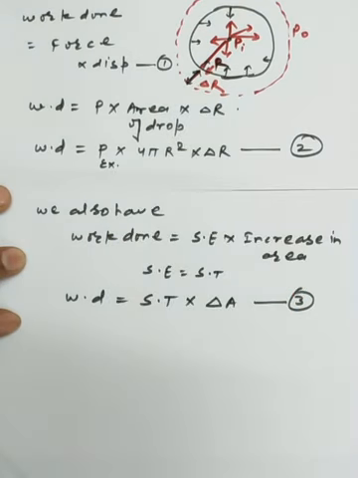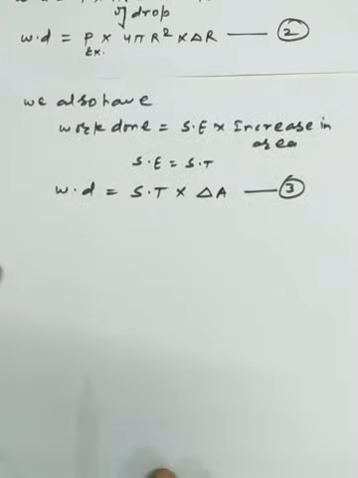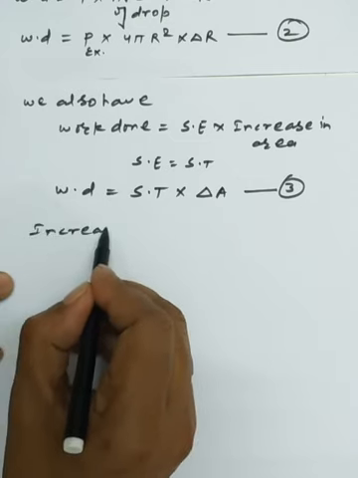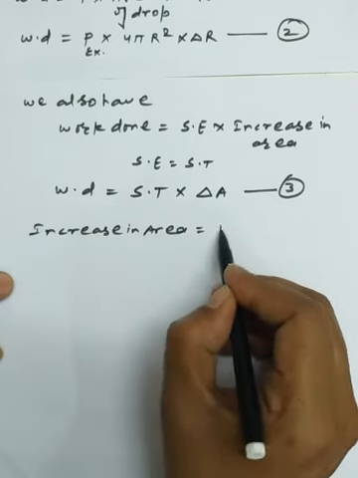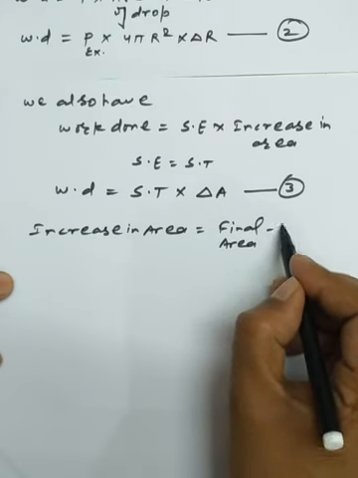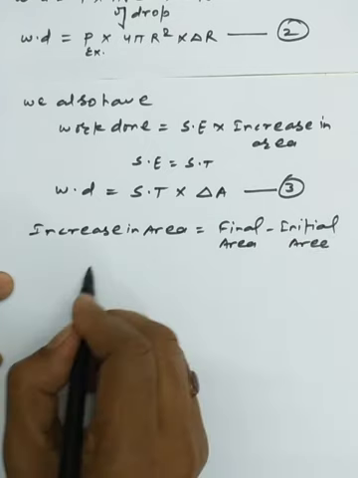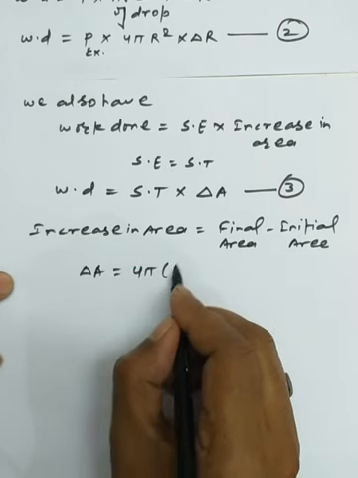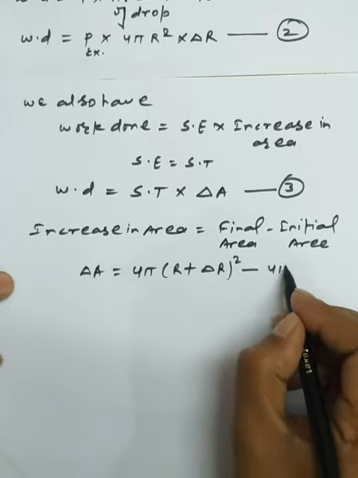So we are just taking the increase in area as the final area minus the initial area. So delta A is the final area, 4 pi (r plus delta r) whole square, minus 4 pi r square.